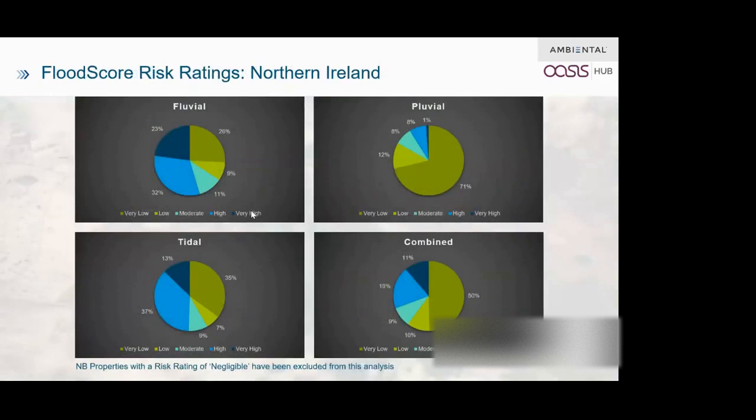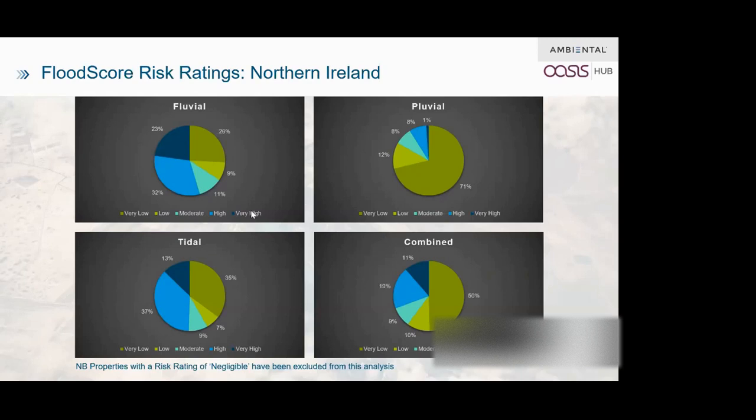So in contrast to the previous slide, which looked only at the amount of properties affected by any level of flooding, these charts represent the distribution of flood score risk ratings between very low and very high, and therefore include estimations of likely damage. So overall, half the properties within these risk bands in Northern Ireland are classified as having very low flood risk.